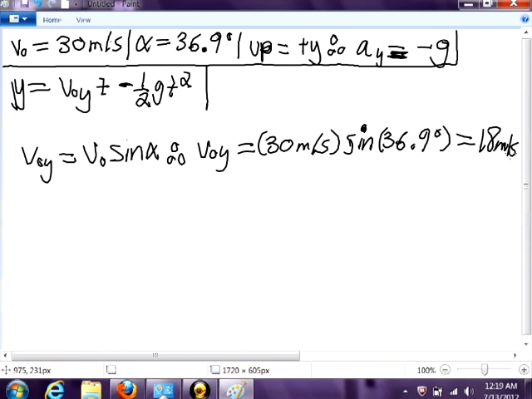Okay, so now we can plug the information we know into the y distance equation.